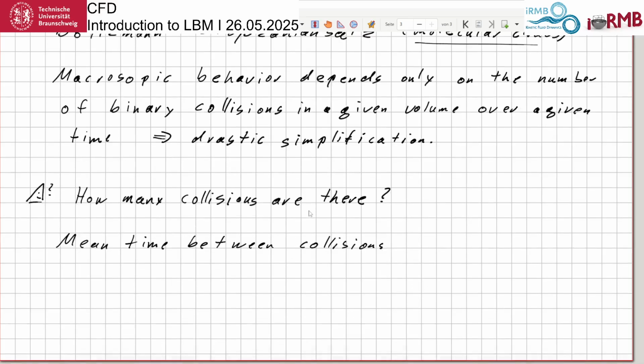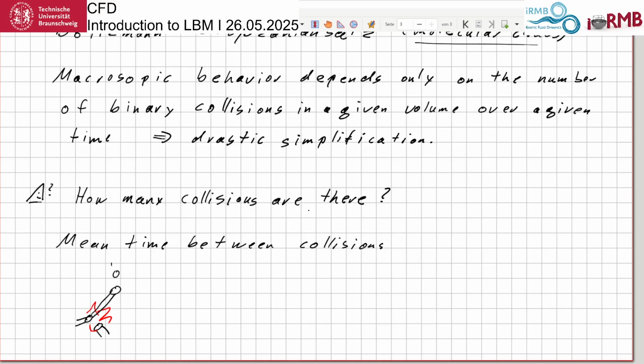Now think about it like this. We have a particle flying about here, and here's another particle, and they will collide here, say, yeah? So then one of them will change its direction and will end up here.